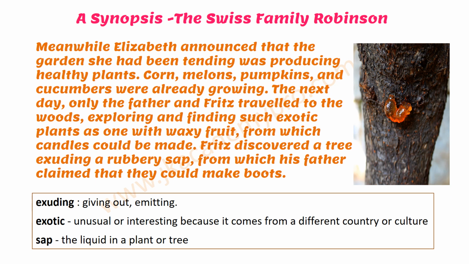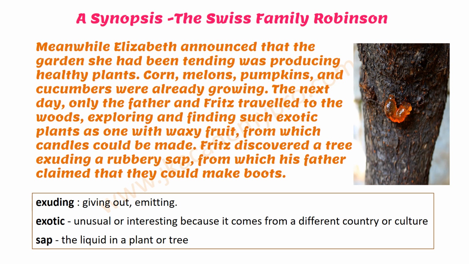The next day, only the father and Fritz traveled to the woods. Woods means the forest or the jungle, because they were stranded on an island. At the edge of this island, maybe there were other trees, other jungles. So they traveled alone inside the woods, exploring and finding such exotic plants. Exploring means trying to find out, trying to locate things, looking out for things.